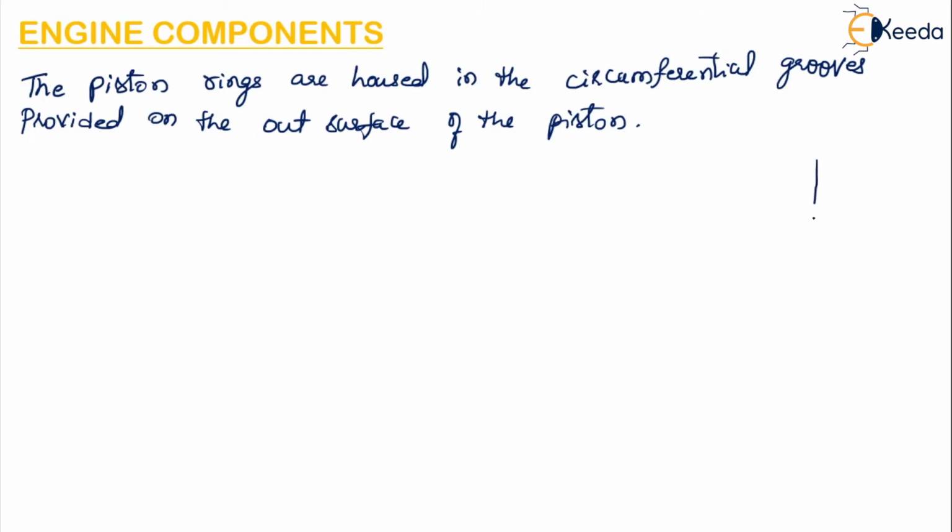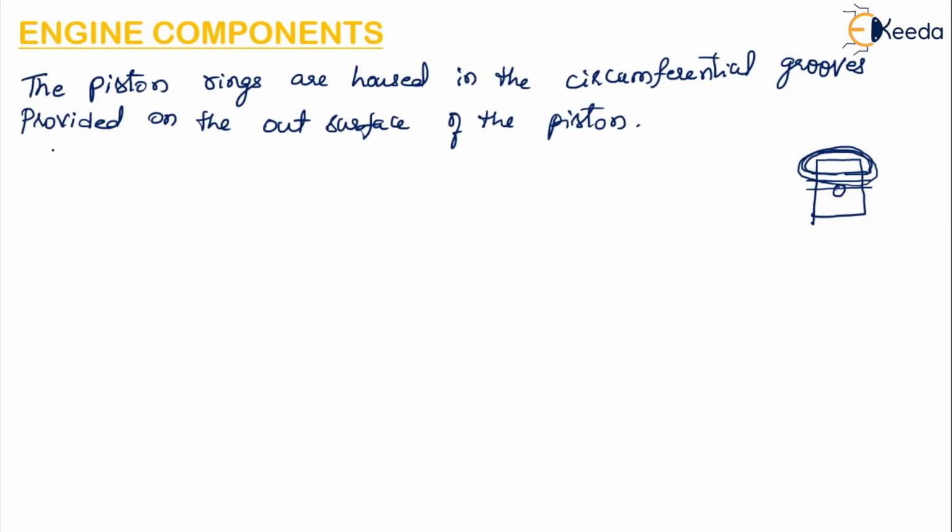So if this is the piston, there are grooves provided here on the outer surface. So all the circle, that is the circumferential portion of this piston, are provided with grooves in which these piston rings are housed or they are kept.